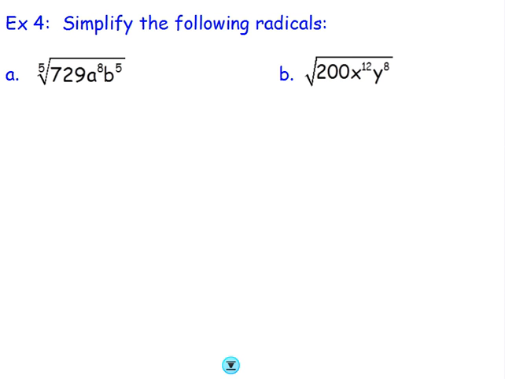Alright, so let's take a look at A. First of all, 5th root means we are looking for 5 of a kind. 5, that's a lot.